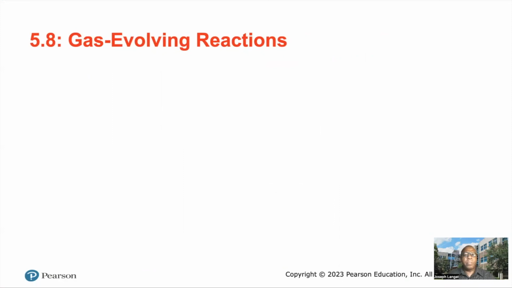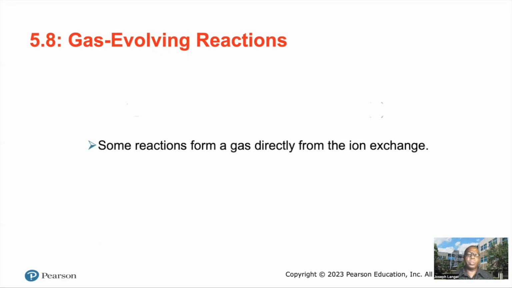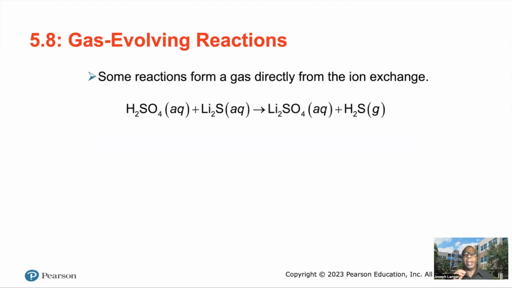5.8 is gas evolving reactions. There are some reactions which produce gas. You'll see in the lab, some reactions produce gas as evidenced by fizzing. Remember, the evidence of a chemical reaction is fizzing, and fizzing indicates that a chemical reaction is occurring or gas is being produced. In the same way, we will have to learn how to write the net ionic equation for gas evolving reactions.